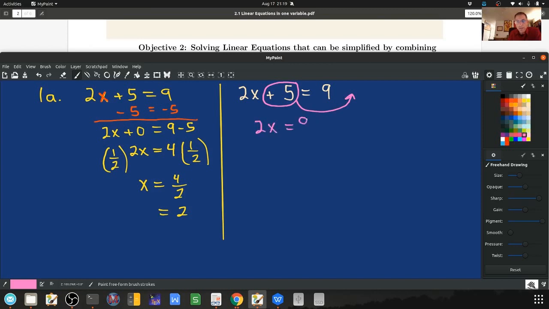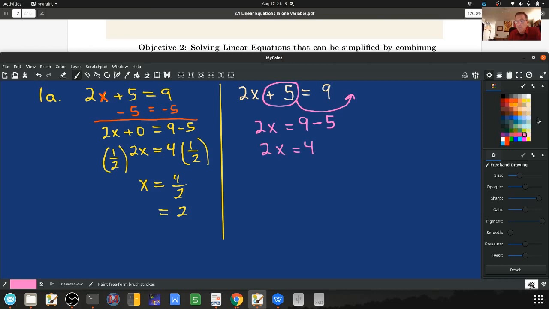The price is it changes its sign. Since that's a plus, it has to change to a minus. And I'm already back to where I was before. 2x is equal to 4.